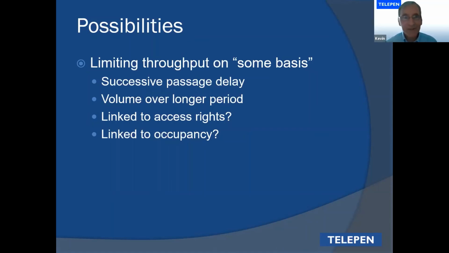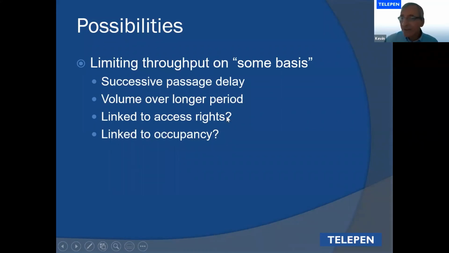Having spent the last 30 years trying to develop systems that are fast and responsive for you, we're trying to develop a system which is sluggish and slow. So we could, for example, just put a delay in between any two successive entries. We could have perhaps a delay over a longer period of time. So we could perhaps restrict the number of entries to a certain quantity per hour, that type of thing.